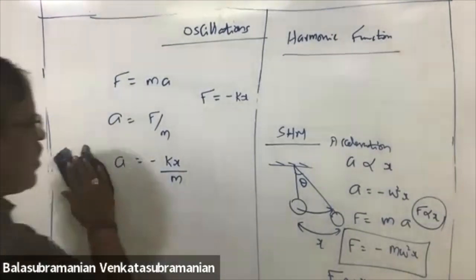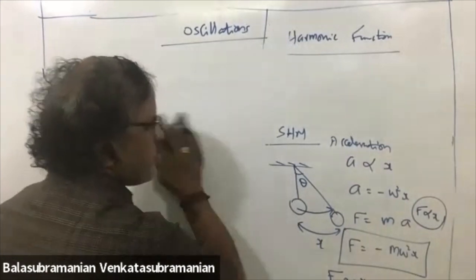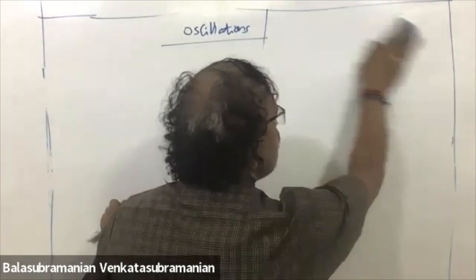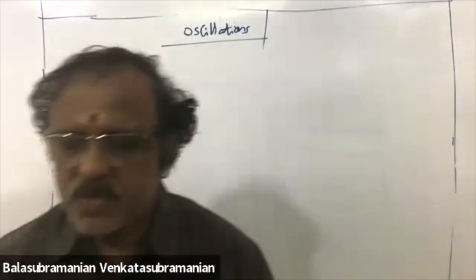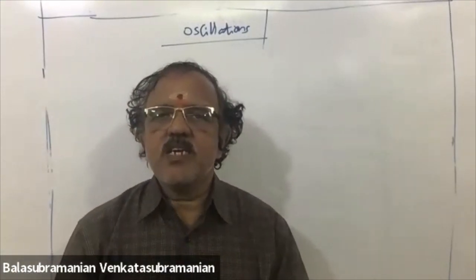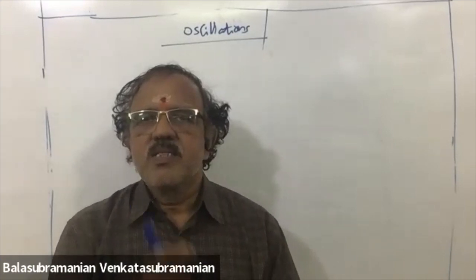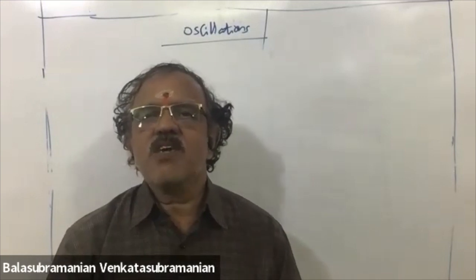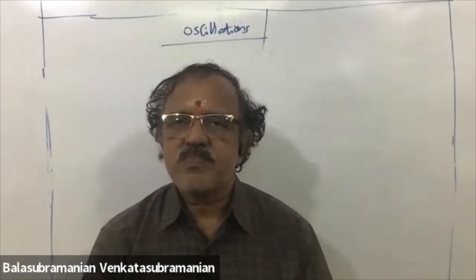Simple harmonic motion, what are the examples? Oscillation of a pendulum, vibration of a tuning fork. When you strike the tuning fork on a rubber pad, it sets into vibration. Oscillation of a balance wheel of a watch. Simple harmonic.